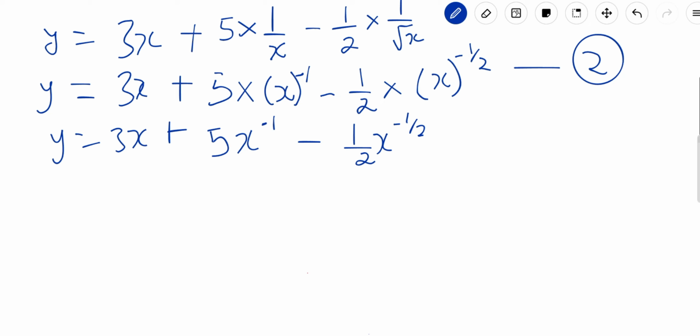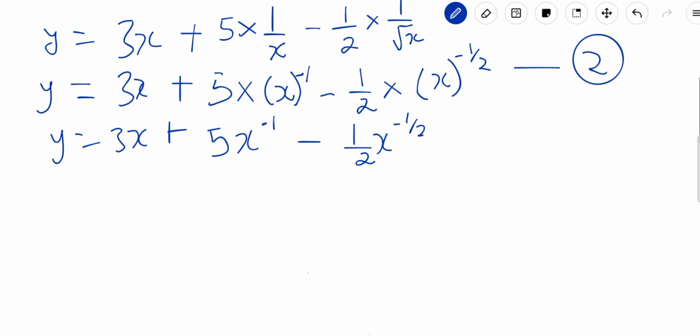While using the addition and subtraction rule, I'll also employ the power function rule and the scalar multiple rule. So I'll be using 3 rules in just this to differentiate this equation.